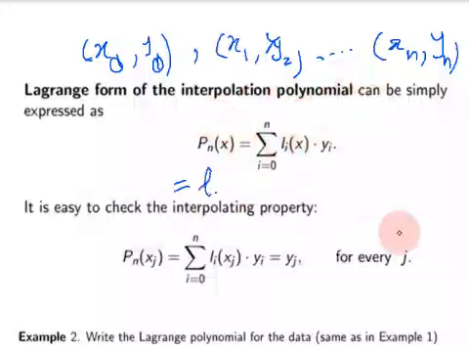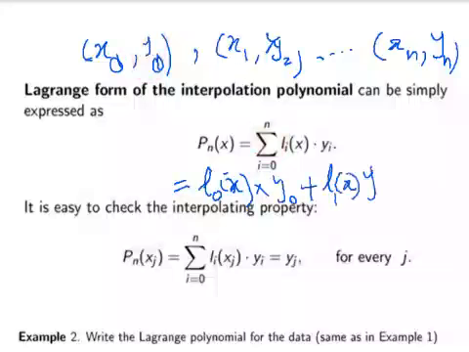Say this is the first cardinal polynomial, L sub 0 of x, times the corresponding value y0, plus the next cardinal function times the corresponding y1.